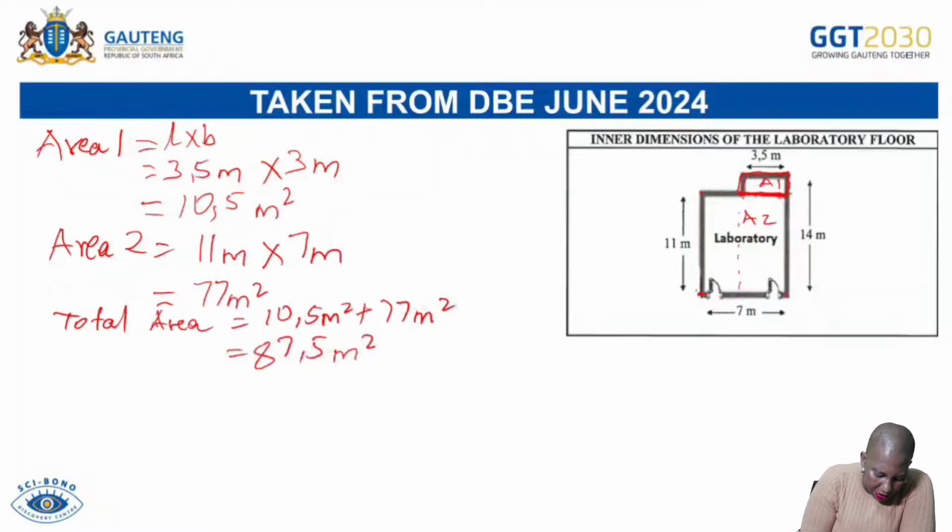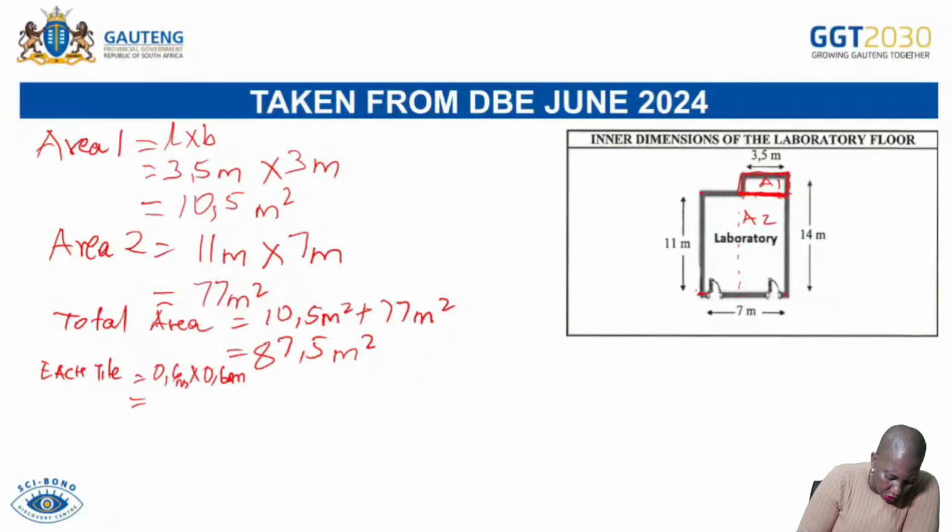And then now remember the tile. Each tile, we set the dimensions of the tile when we're calculating. Each tile is equals to 0.6 meters multiplied by 0.6 meters. So the area of a tile will be 0.36 meter squares. Now we want to know how many tiles do I require if the total floor that needs to be tiled is 87.5.